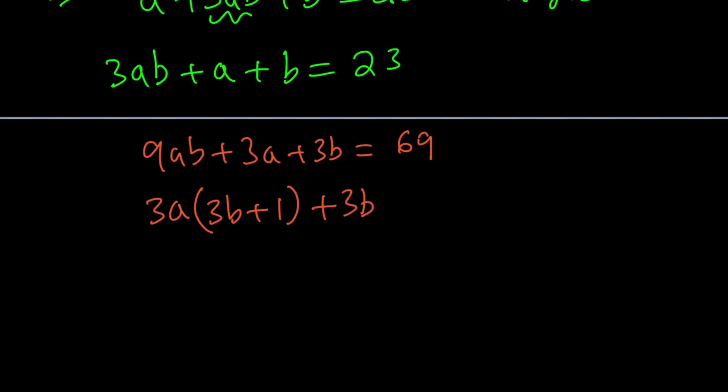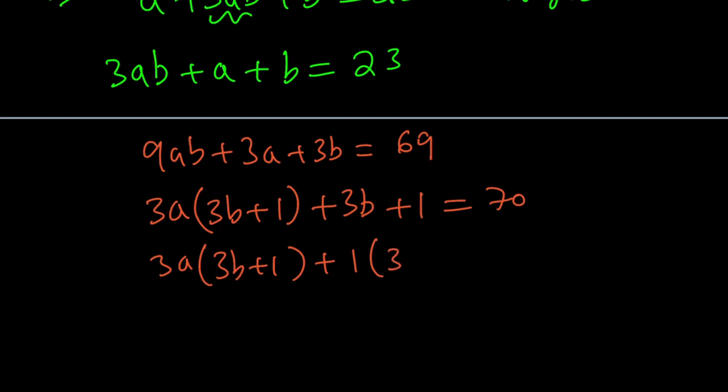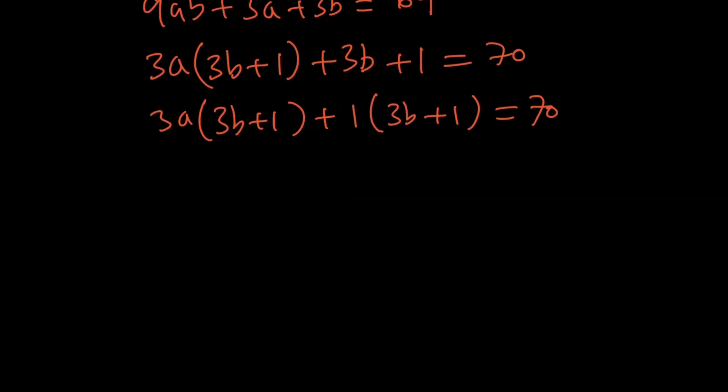But I'd like a common factor, so let's add 1 to both sides, which gives 70. This means 3a(3b + 1) + 1(3b + 1) = 70. Now we can factor out 3b + 1, multiplied by 3a + 1, and that gives us 70.